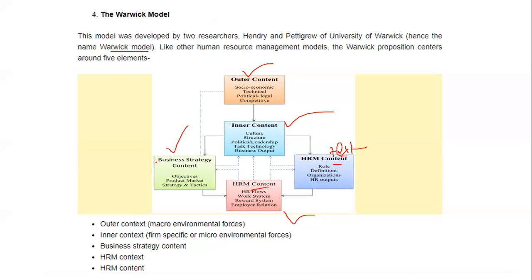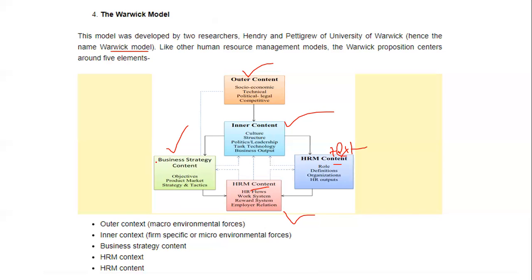The external and internal context is the activities that take place, with the process, with changes, with the interaction of the inner or outer environment. The impact of your inner or outer environment can have an impact on your business strategy, which in turn affects HRM practices or HRM factors.